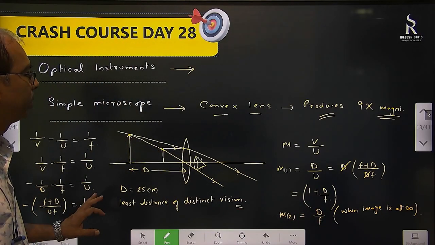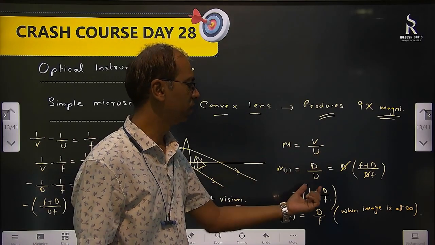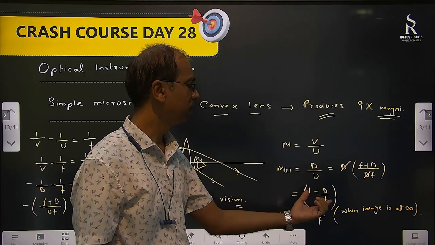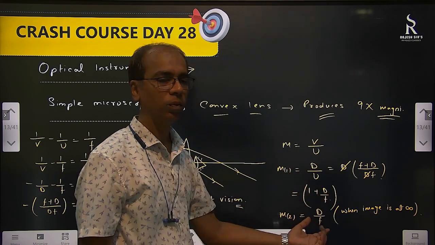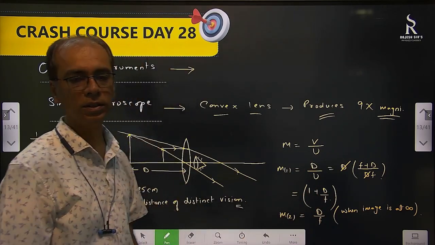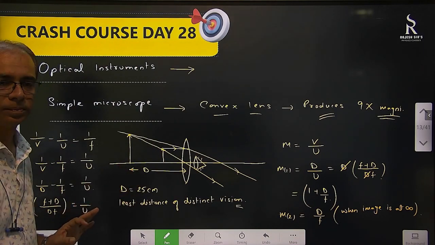Clear? So how to remember this? As we know that magnification is V by U, we calculated it is 1 plus D by F when the image is forming at D. And second, when the image is forming at infinity, your magnification is D by F. This is the simplest way I am saying.